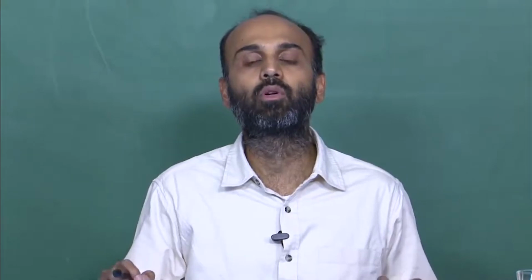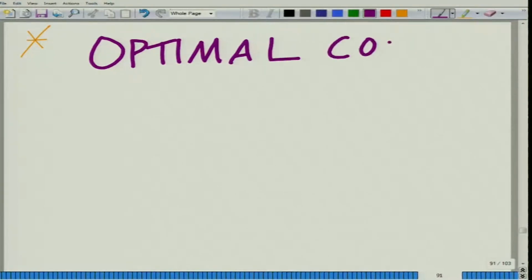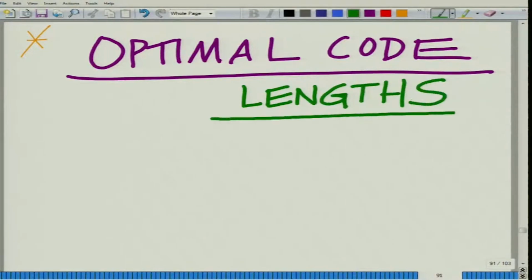Now let us look at what are the optimal code word lengths which can be used to approach this minimum possible average code length. So in this module we would like to address the question: if I were to design such a code with minimum average code length, what are the optimal code lengths?